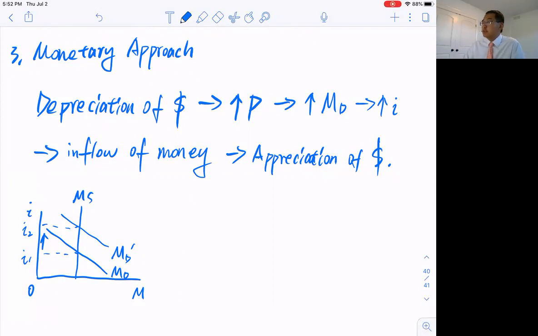Now let's look at chapter 14. Chapter 14 is about exchange rate systems and currency crises. Now there are different types of exchange rate regimes or systems in the world.